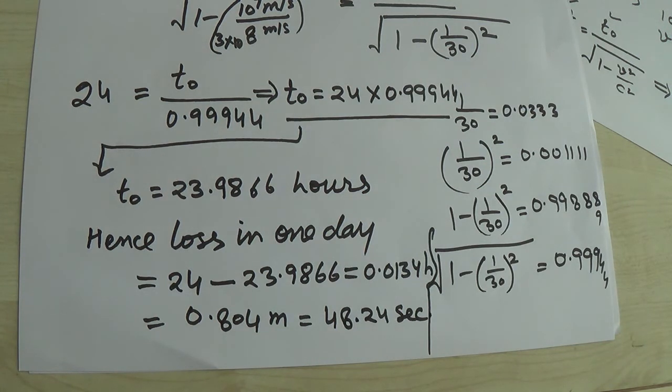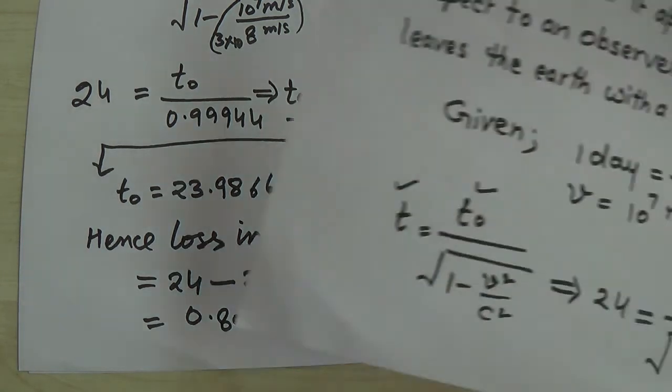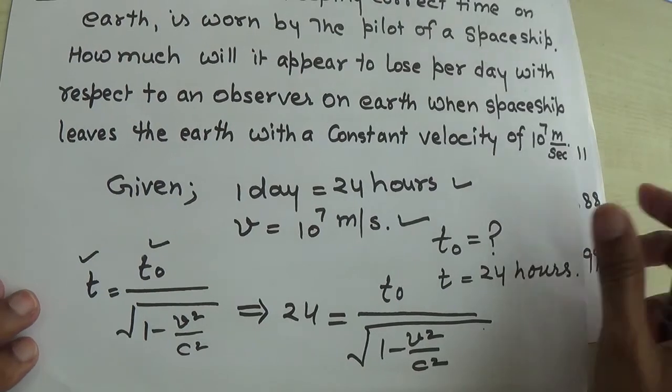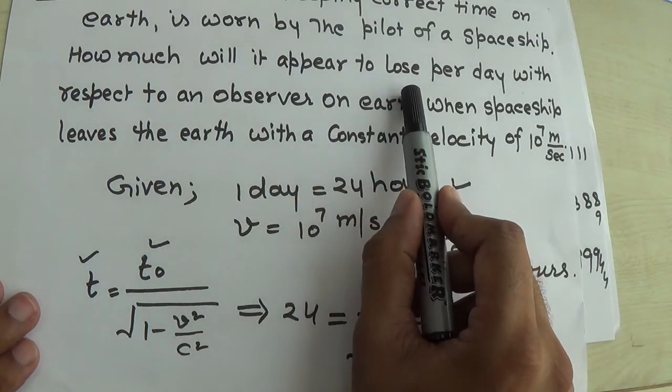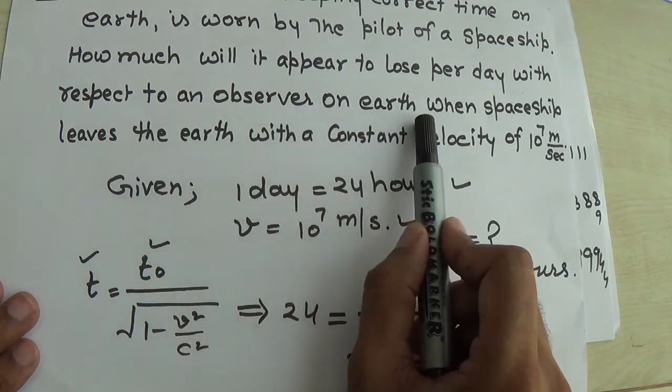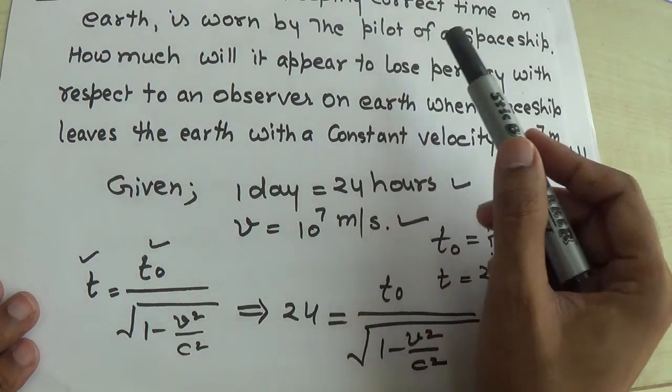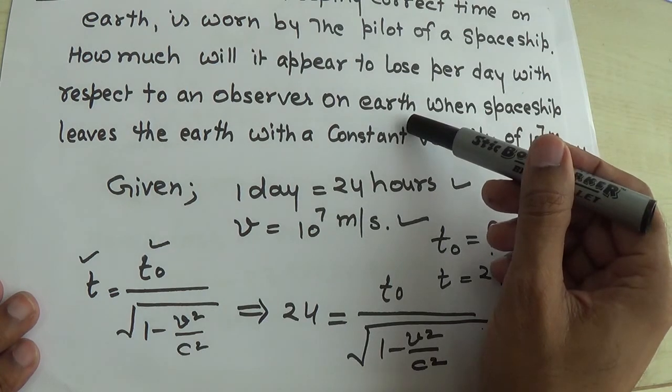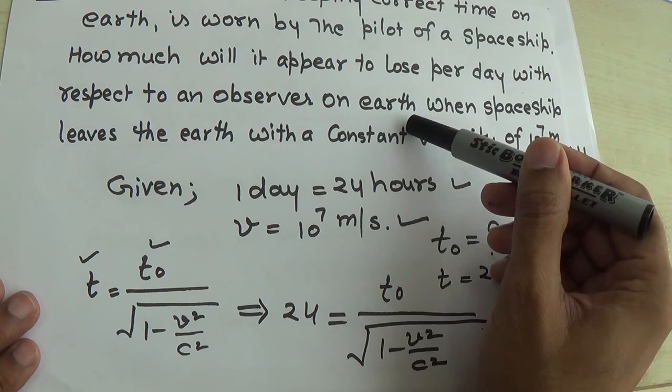So according to the observer O, the clock will show this difference, as asked in the question: how much will it appear to lose per day with respect to an observer on Earth. So the pilot finds the result that according to the observer O, this much time I am losing.